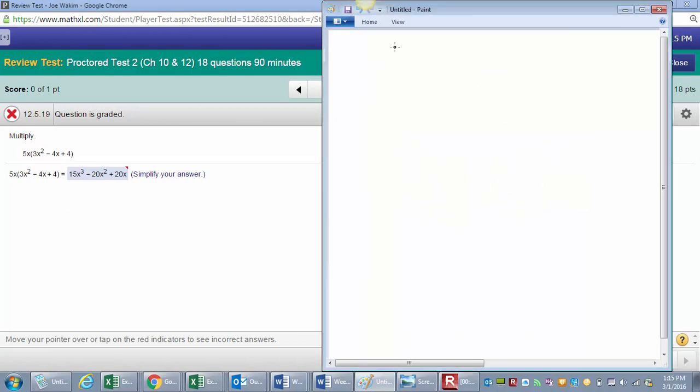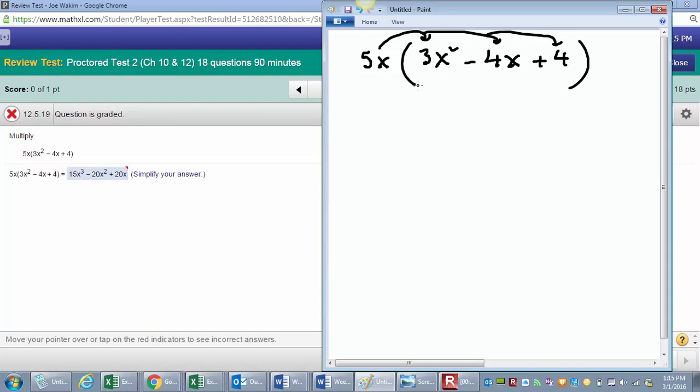So we have 5x times 3x squared minus 4x plus 4. Distribute the 5x among the three terms. 5 times 3, 15. X times x squared, we add the exponents, 1 plus 2 is 3. 5 times negative 4, negative 20.